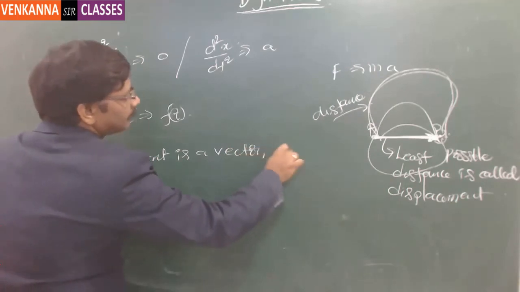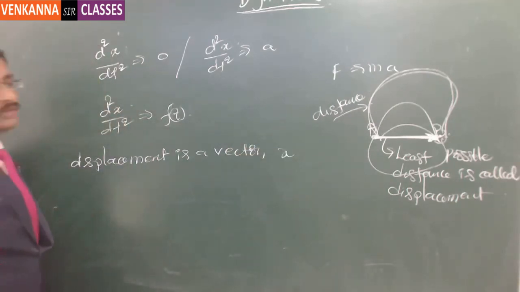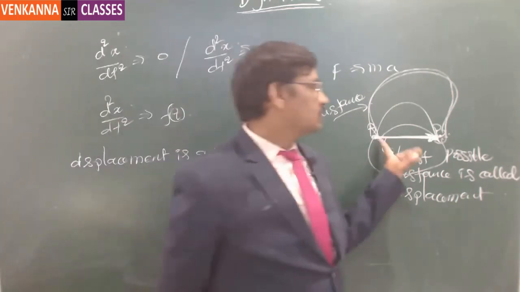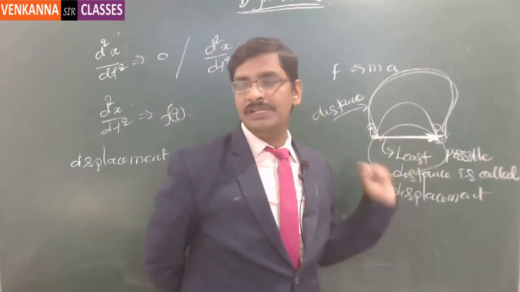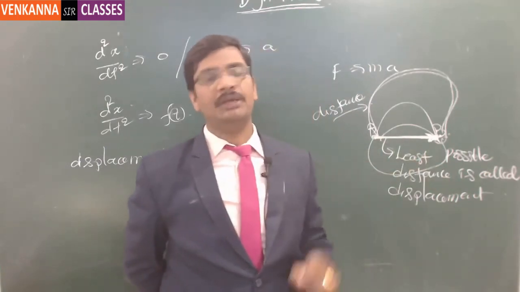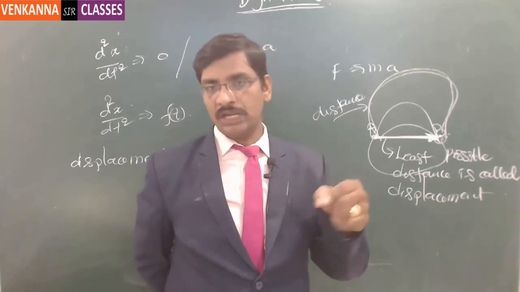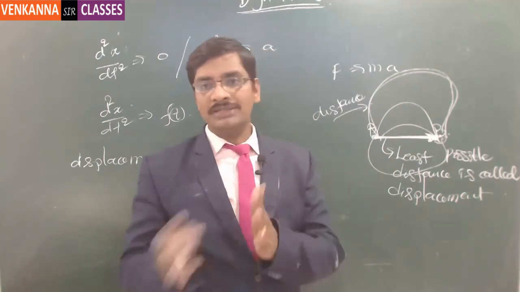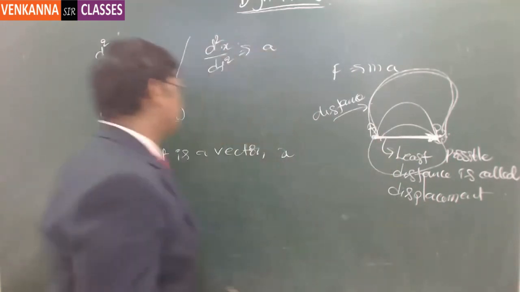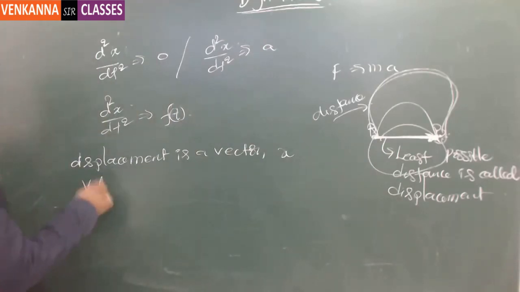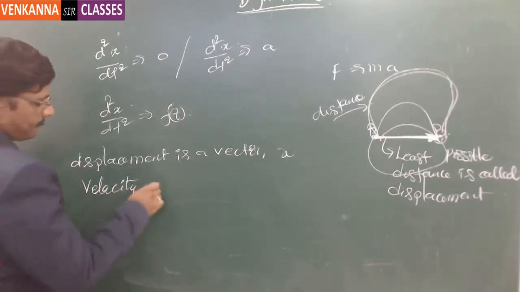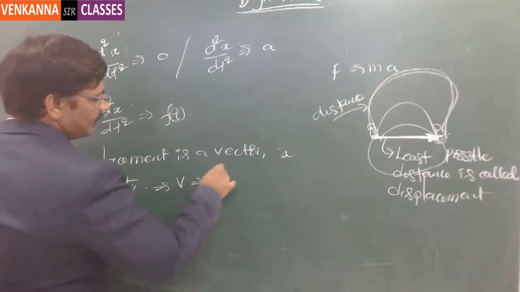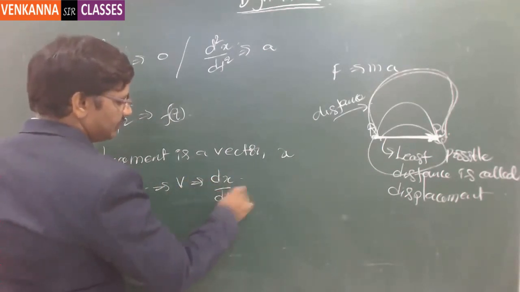It is usually represented with x. The rate of change of displacement, meaning it is changing with respect to time, and how fast it is changing, we learn as the velocity.